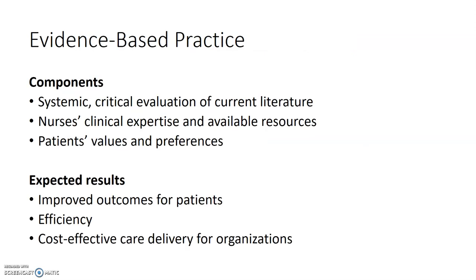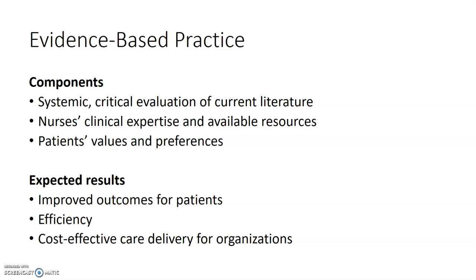There are three critical components of evidence-based practice: systemic critical evaluation of the current literature, balanced with the nurse's clinical expertise and resources, and considering the patient's values and preferences are all components of deciding to implement evidence into practice.